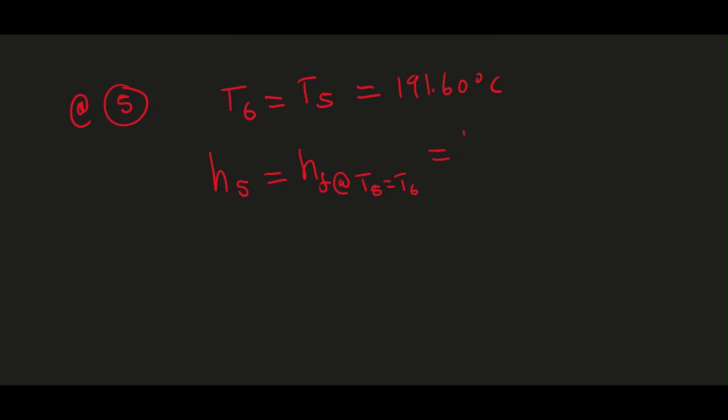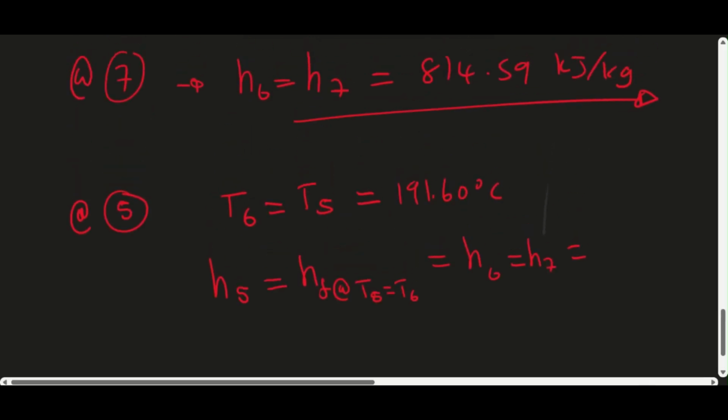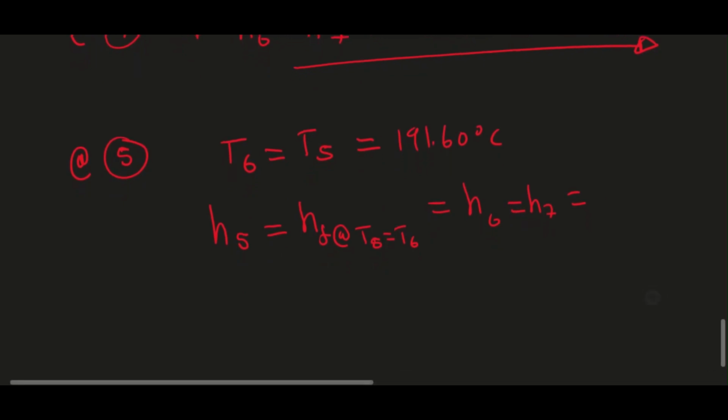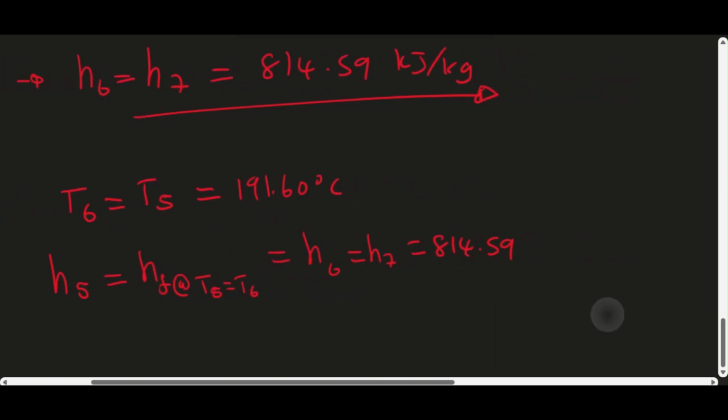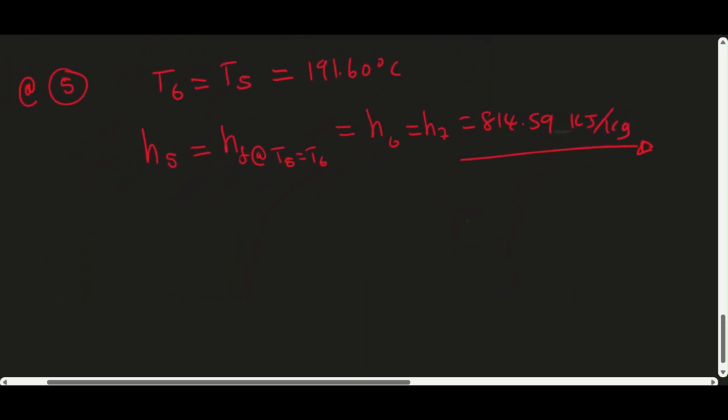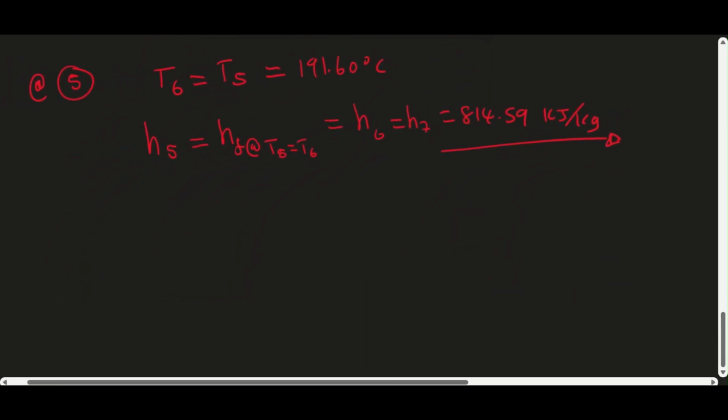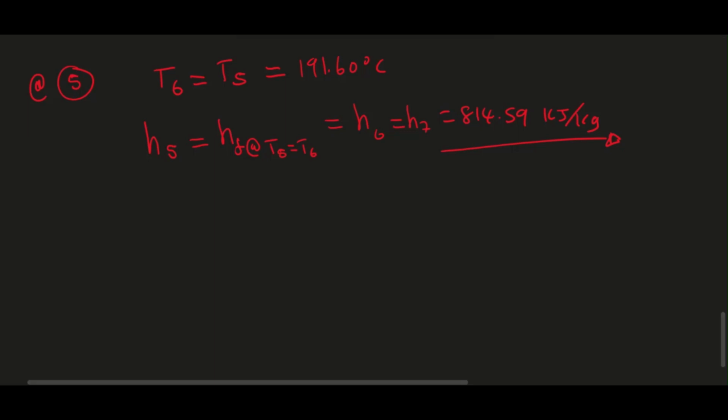And that will be the same thing as H6, which is the same as H7 in this case, at 814.59. So that's how you get H5 for now. Simplified way to do it.